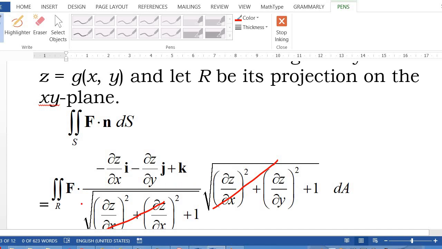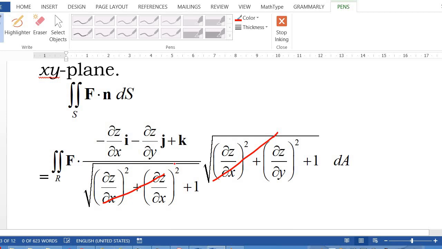You want the unit normal vector, so divide by its magnitude, the square root of component I squared plus component J squared plus component K squared. And dS is the formula for 1 unit of surface area, as you learned in the surface integral of a scalar field or surface area by double integral: the square root of (∂z/∂x) squared plus (∂z/∂y) squared plus 1, dA.